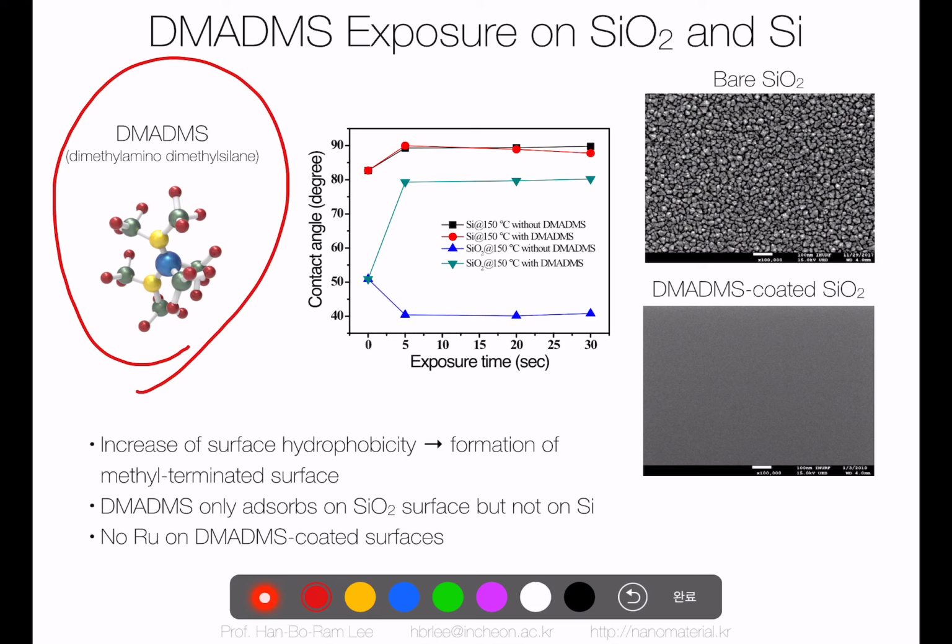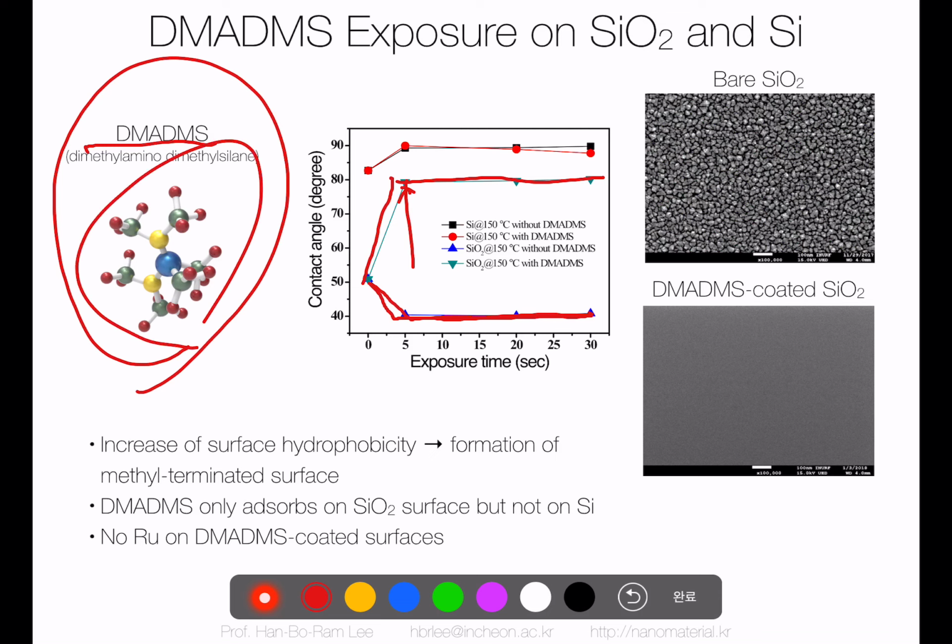So this is the contact angle of the silicon oxide. It is a very small contact angle, because the silicon oxide surface is hydrophilic. But after exposure to this DMS silicon precursor, the contact angle abruptly increases, because once this precursor forms on the surface, it changes to a chemically inactive, hydrophobic surface.